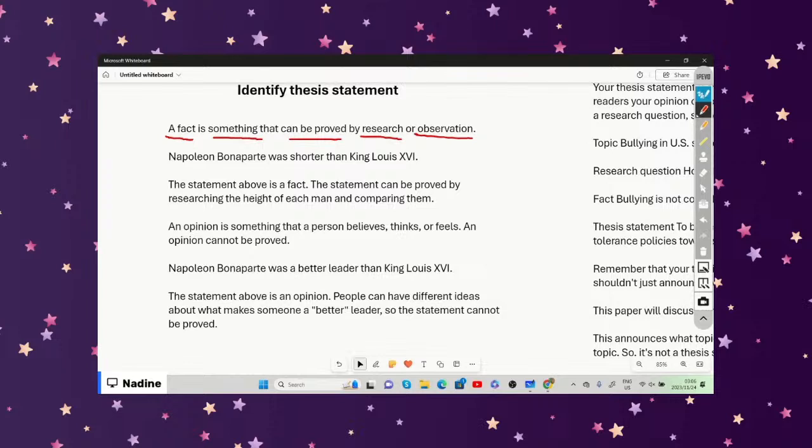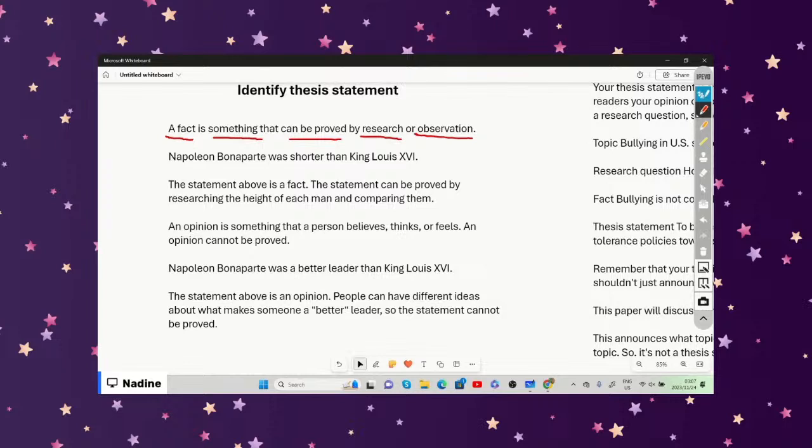So we may be talking about, let's say, the war that is going on between Ukraine and so on. Facts are things that researchers or journalists have observed so far. It will be on the news, because those are facts: they need to first research it and follow up on it before it even goes to air on the news.